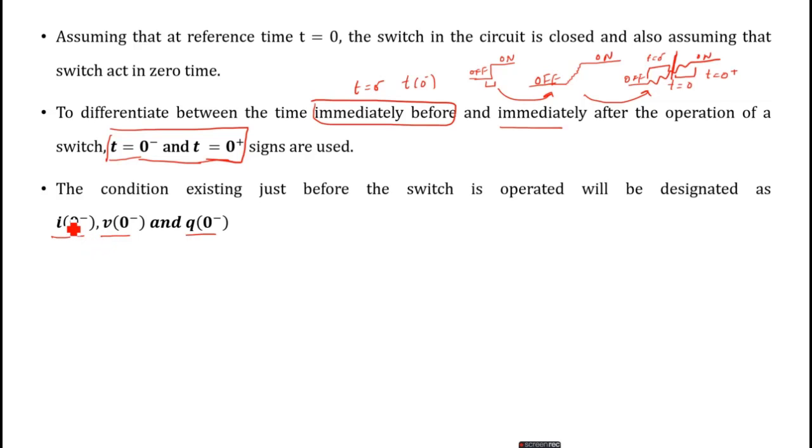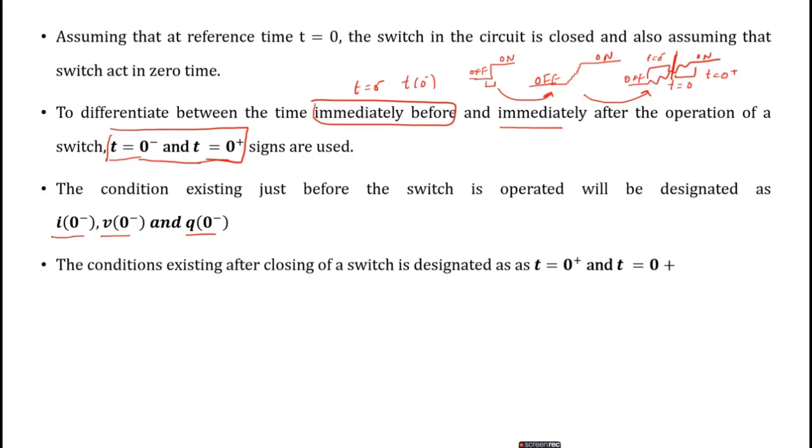That's why it is represented as I(0 minus), V(0 minus), Q(0 minus). The condition existing immediately after closing of the switch is denoted as t is equal to 0 plus. A suffix is used here. So these are the different notations.